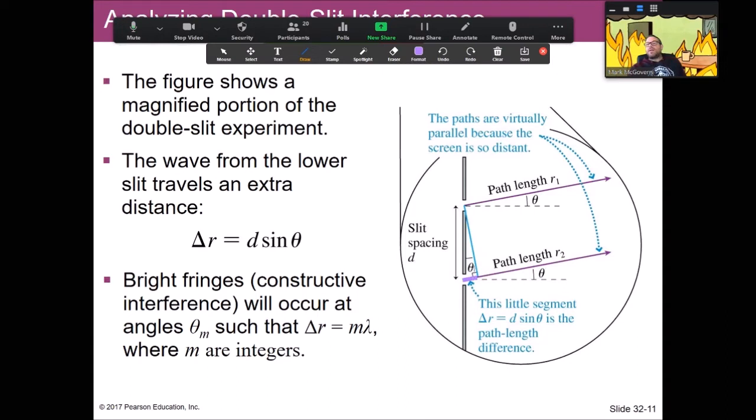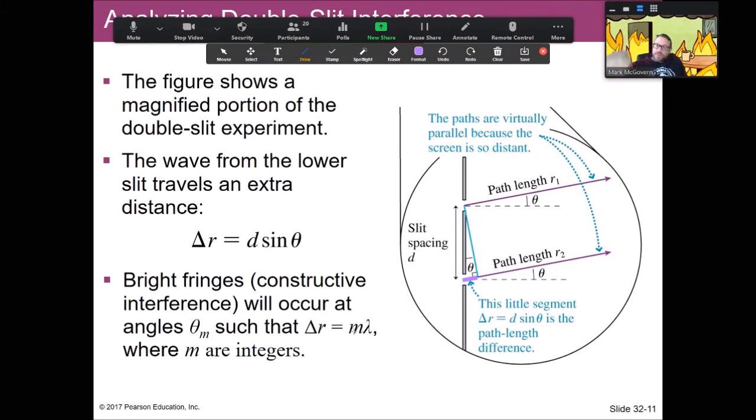And guess what? You're going to have what we call fringes, by the way, where the constructive interference is taking place. We are going to see fringes at angles that correspond to these path length differences. Delta r is going to be multiples of lambda. That's what we need for constructive interference, multiples of lambda. So we can replace delta r with m times lambda, where m are the different orders, right?